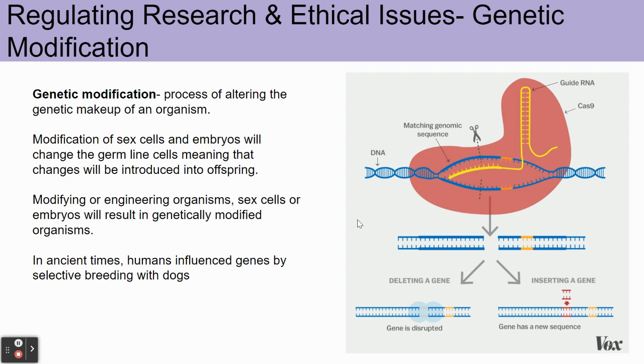This may or may not be to improve human health. Sometimes it could be for personal preference, but we're looking at the use of CRISPR technology to delete sequences of genomes which would cause diseases like cancer and other genetic diseases that we see in our population.